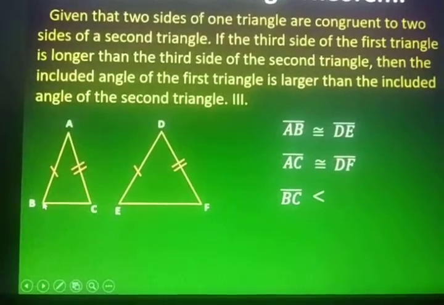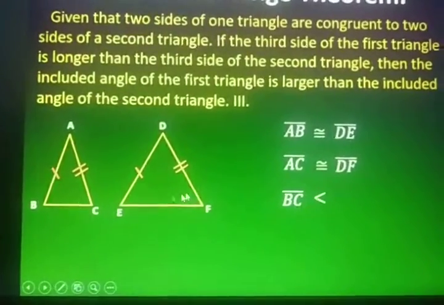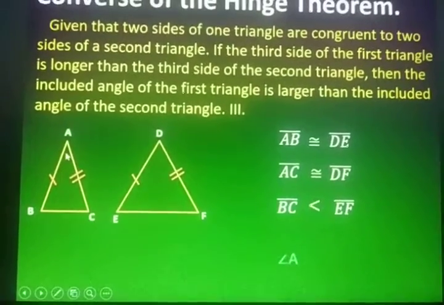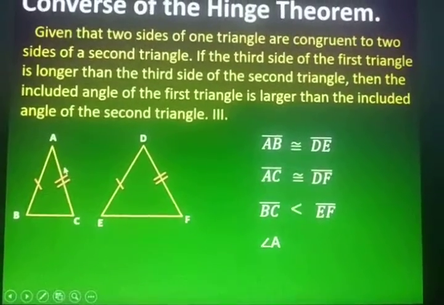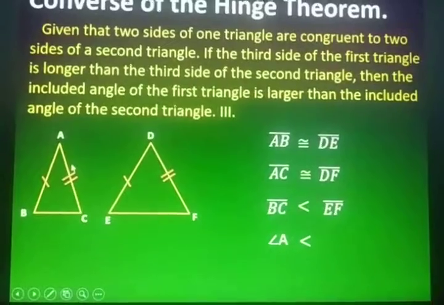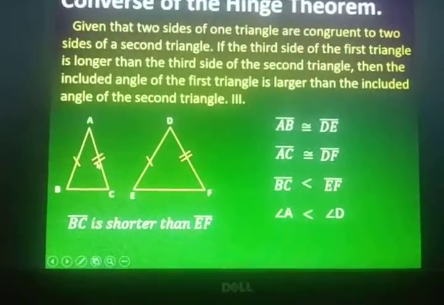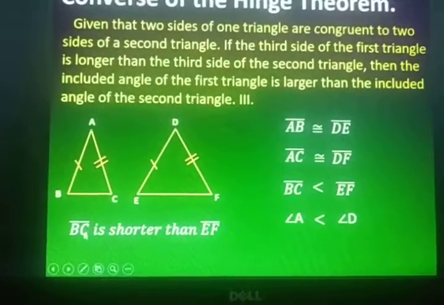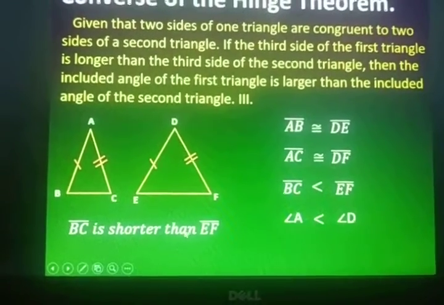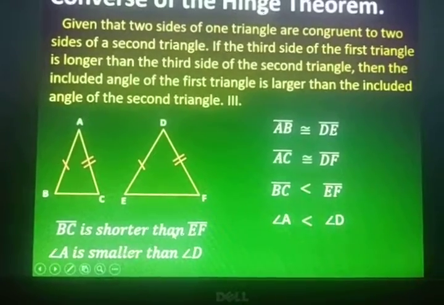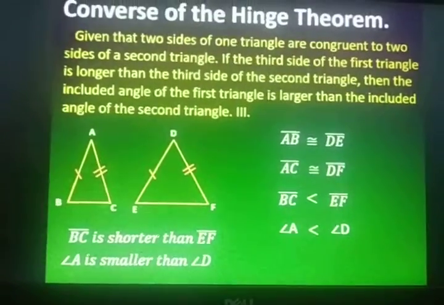Since BC is shorter or less than EF, therefore, angle A is also smaller compared to angle D. Final statement is, line segment BC is shorter than line segment EF. And so, it means that angle A is smaller than angle D.